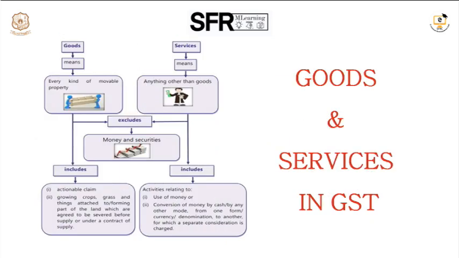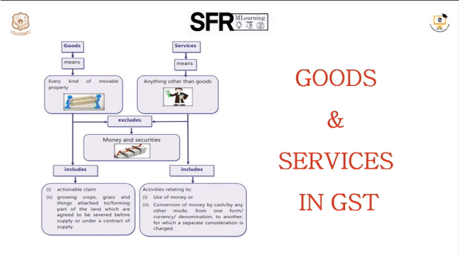And we all keep saying goods and service tax. So, before going inside the topic, we should know what are the items which are termed as goods and what are the items which are termed as services. So, goods refers to the transaction, that is, identification of transaction is essential.